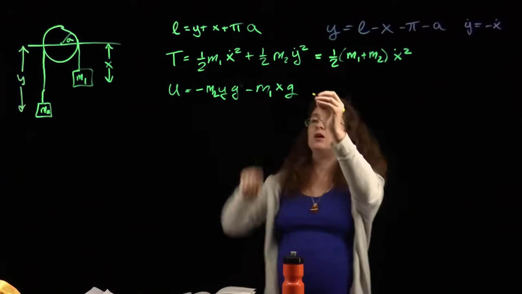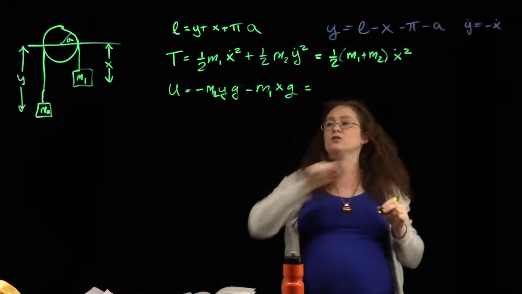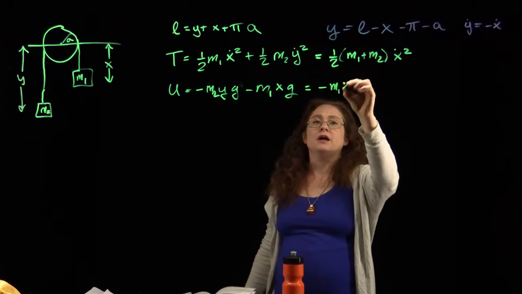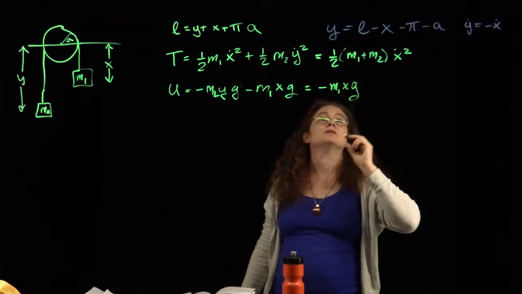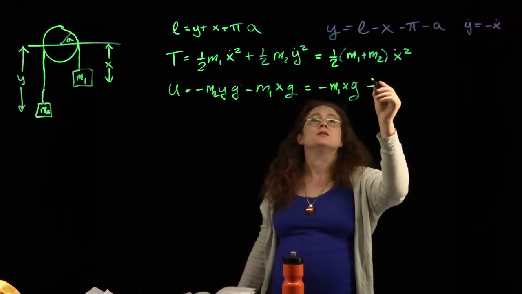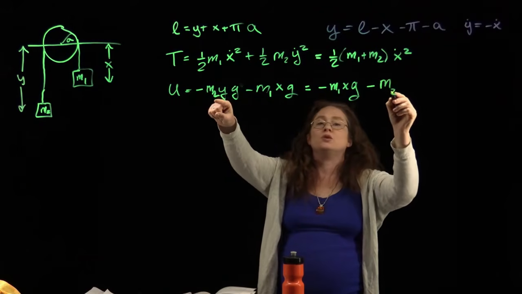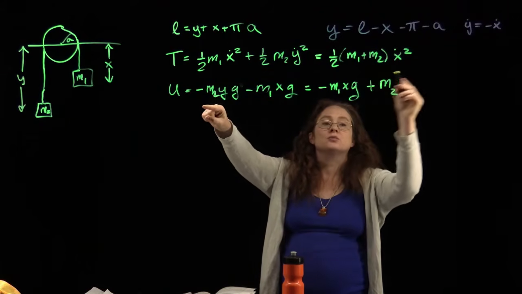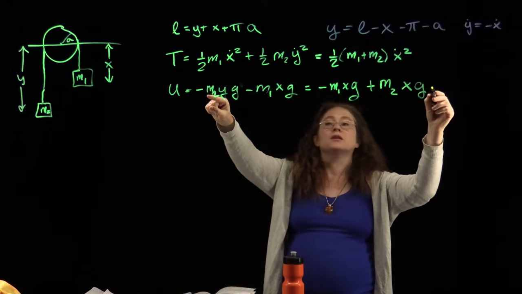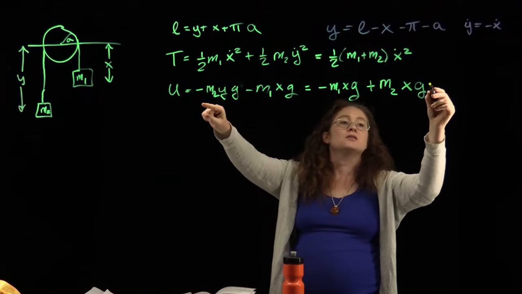If we wanted to write it all in terms of x, we have this equation here, so we get negative m1 x g, and then minus m2, and I'm going to put the x term in one spot because everything else is a constant.